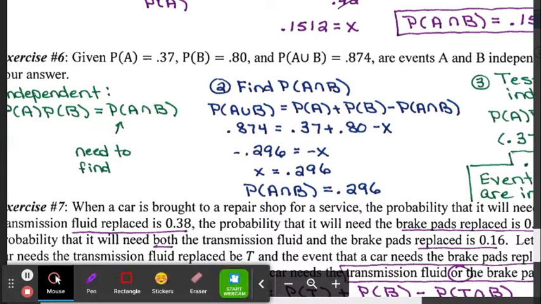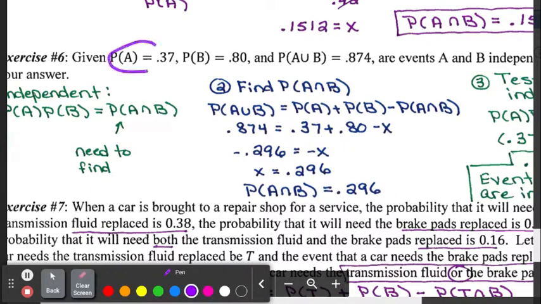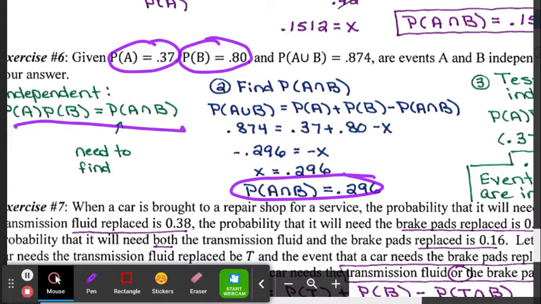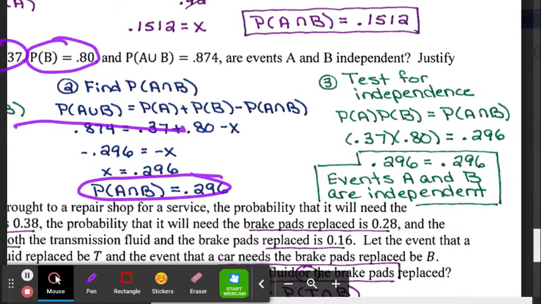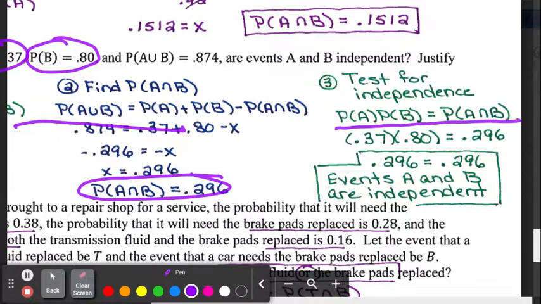So now I have what I need. I have A, B, and both. I'm going to plug those numbers into my original formula, and now we're going to test it. Here's my formula. Here's where I plugged in the numbers, and they are equal. So that means these events, A and B, are independent.